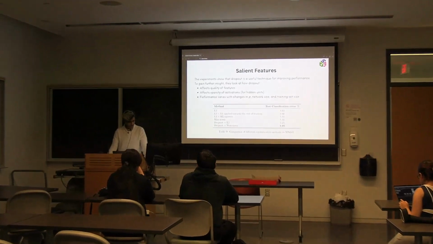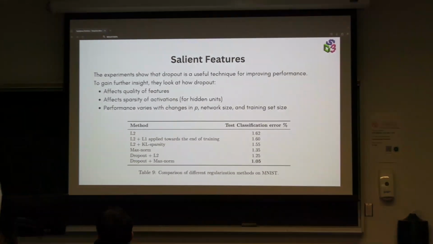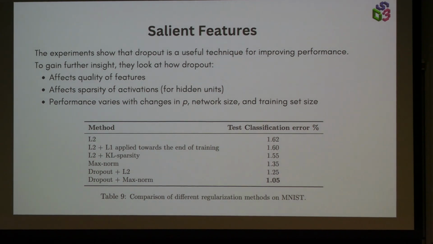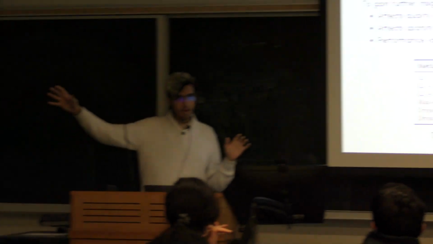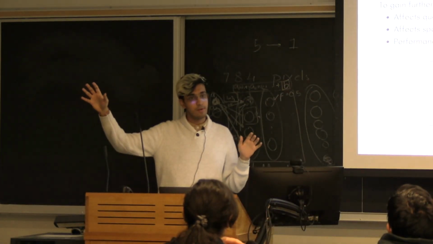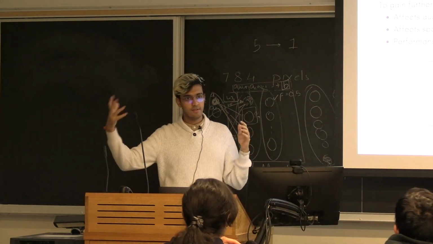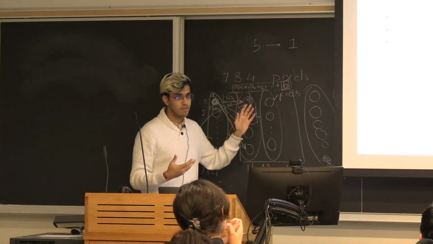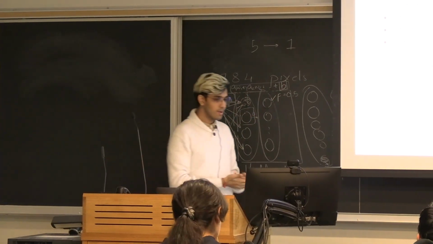So, welcome back from the break. The salient features about Dropout are basically, they're trying to explore what Dropout actually does to a network, right? So if I'm given a network, if I pass a data set through it without Dropout, and then I pass a data set through it with Dropout, what actually changes? What effect does this Dropout technique have on the weights and biases and on the output, right?